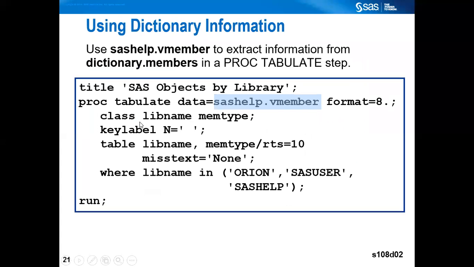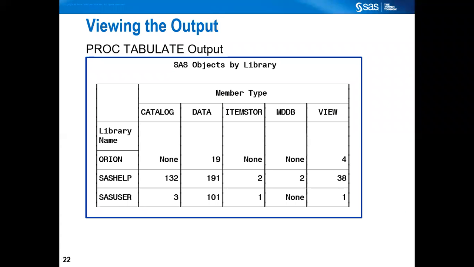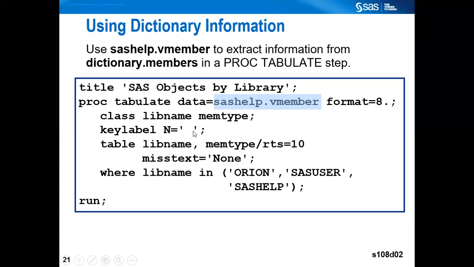So this is all about proc tabulate, and this is where you see the tabular report of the information about how many views, how many data, how many catalogs, and these are various member types available in your library. So you get their frequency counts. Are you getting it? So here it is coming blank because this key label of n means number of counts, which we have termed should be missing.